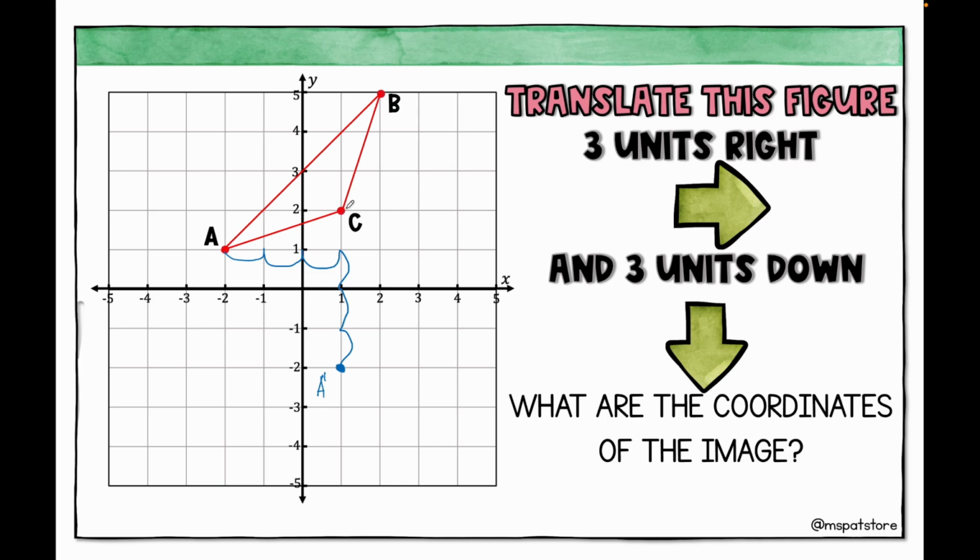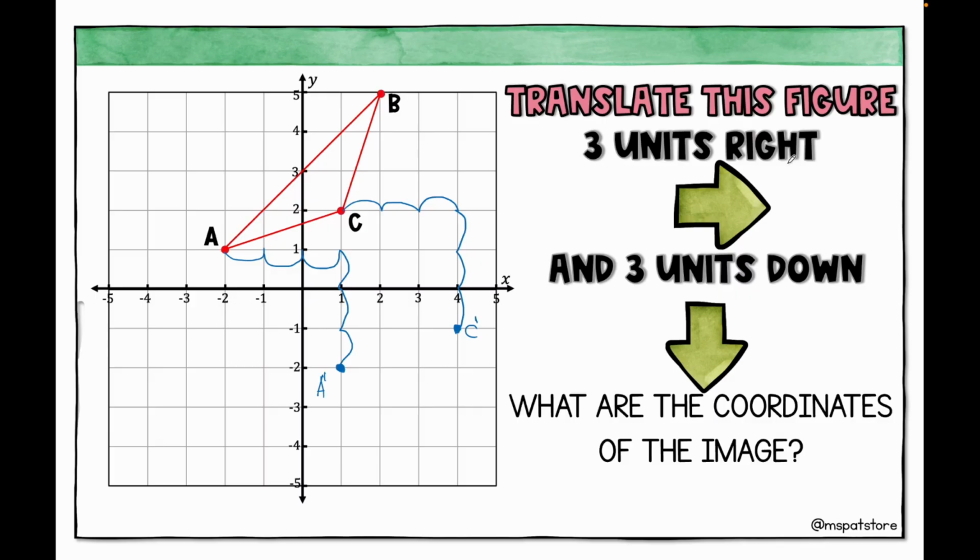I need to, again, move 3 units right and 3 units down. 1, 2, and 3. And now I need to go down 3 times. 1, 2, and 3. So here we have C prime. All right?